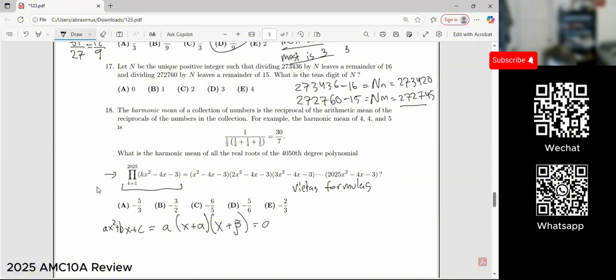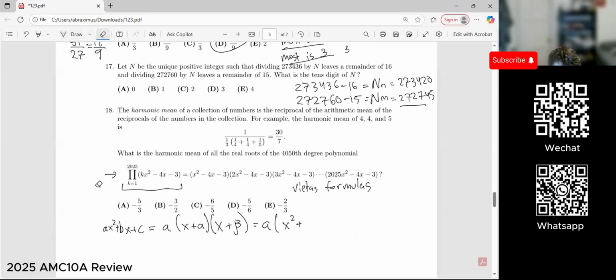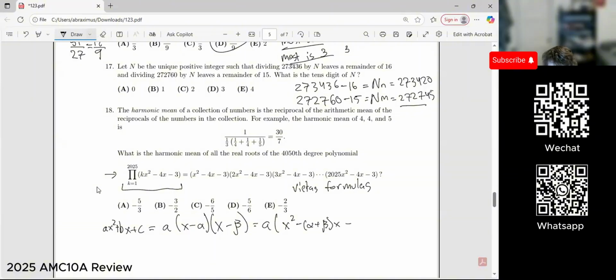If we multiply that out, we get a times x squared. Oh, sorry, not plus. These should be minus signs. We get x minus alpha plus beta times x plus alpha beta. Is anyone confused at least how I wrote down this line?